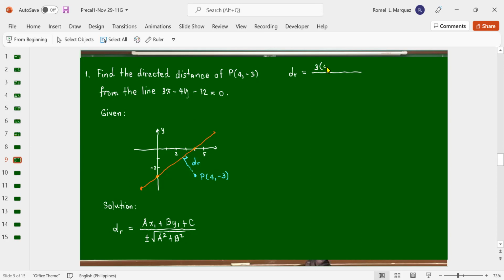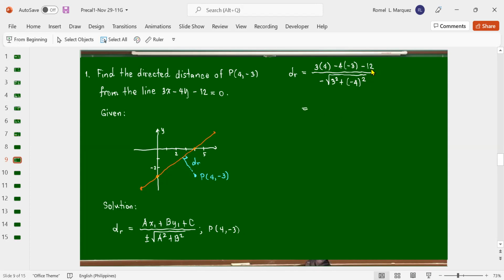What is my x sub 1? 4. Minus 4. What is my y sub 1? Negative 3. And then minus 12. Okay? All over negative square root of 3 squared plus negative 4 quantity squared. Okay, children? Our point is (4, -3). So, what is this equal to?